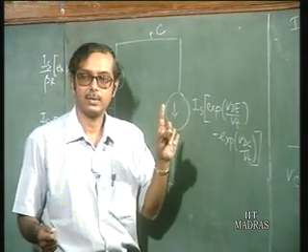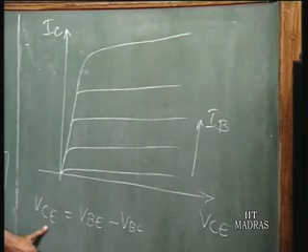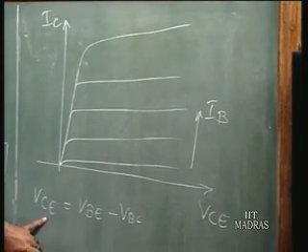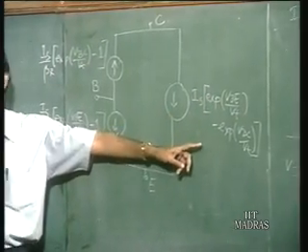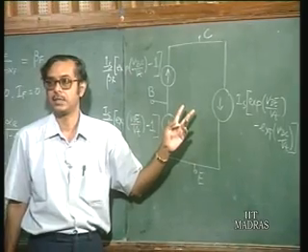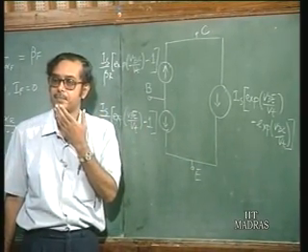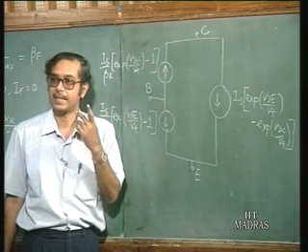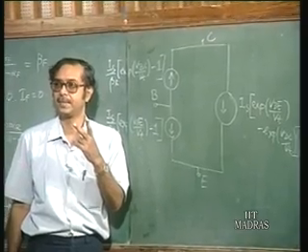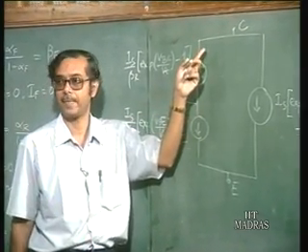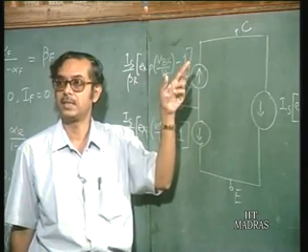The third point I want to make is, when VCE is 0, what does it mean? VBE is equal to VBC. So, if VBE is equal to VBC here, what happens to this current source? This current source is 0. Is the collector current 0? Collector current is not 0, because individually VBE and VBC are not zeros. You have a current flowing here. So, IC is actually negative.